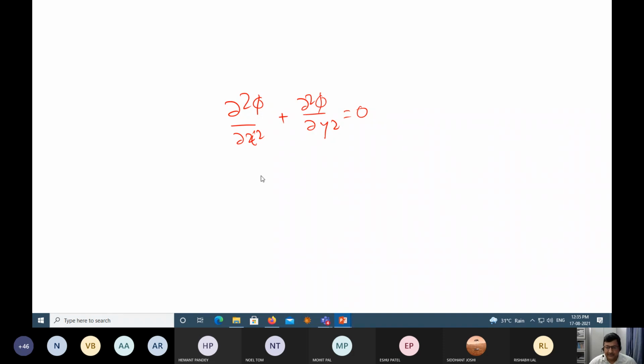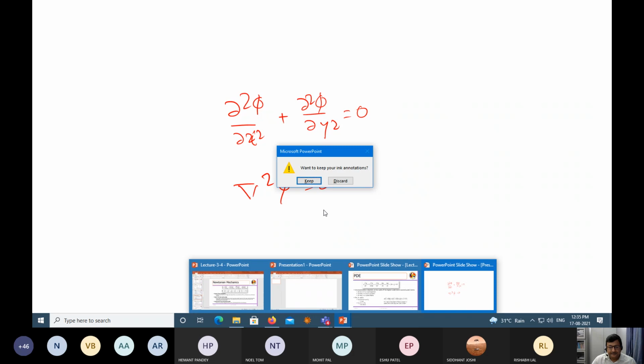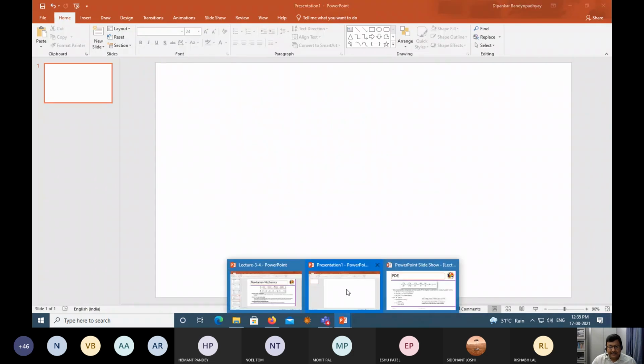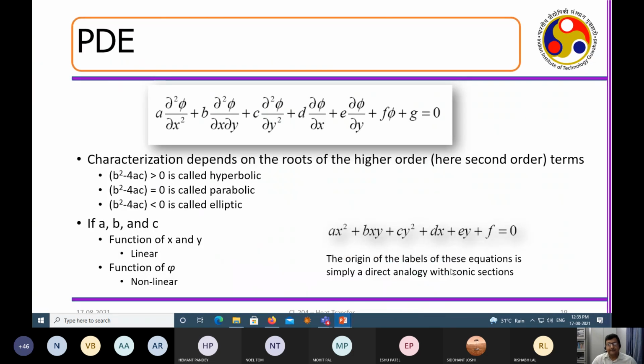Essentially, I am telling you a Laplacian. Now, what type of equation will this be? Can you quickly calculate from this?